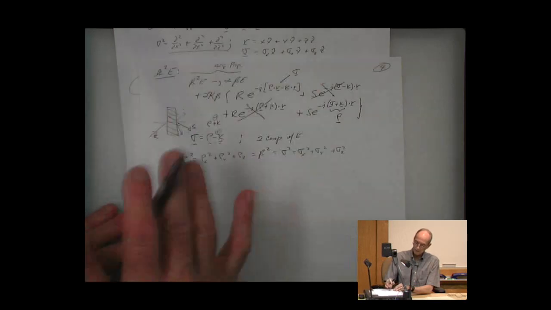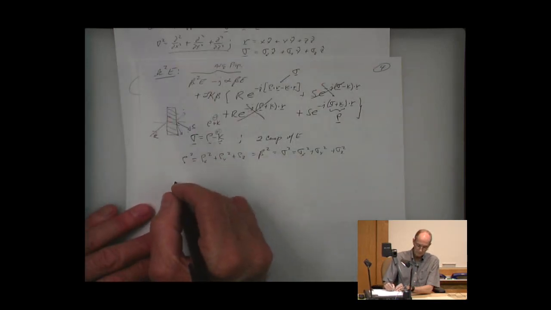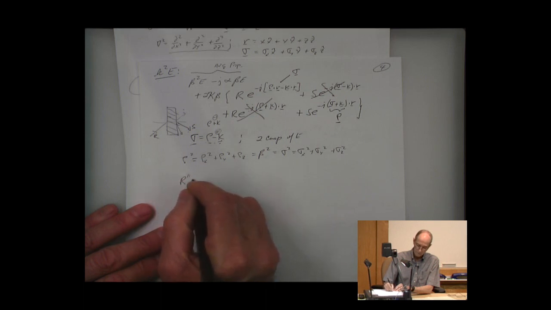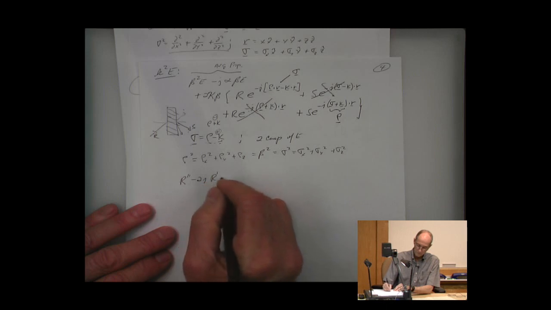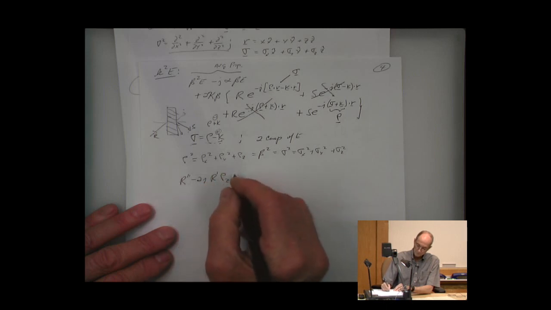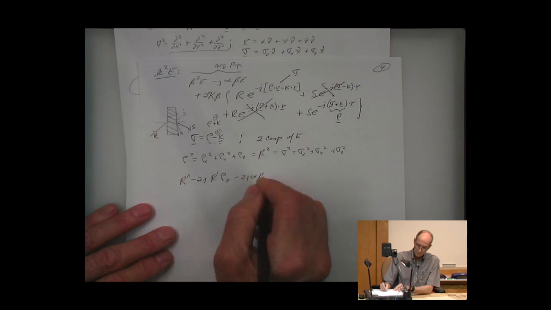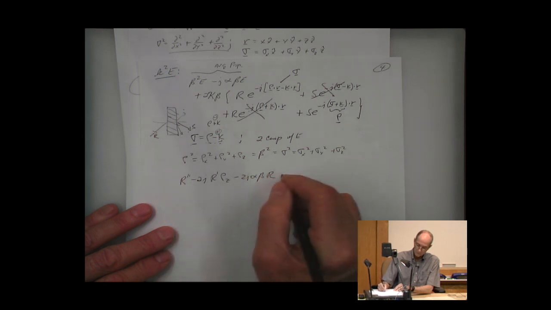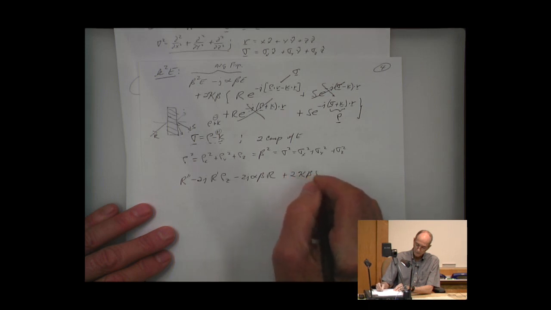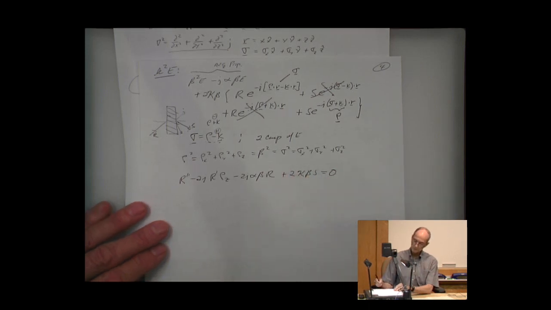When we combine everything, we end up with the following two equations. We have r double prime minus 2j rho prime, rho sub z, minus 2j alpha beta r, plus 2 kappa beta s is equal to 0.